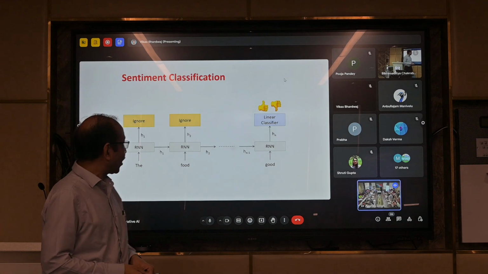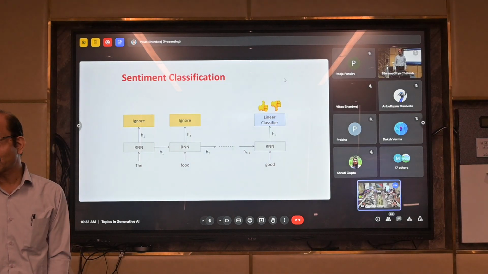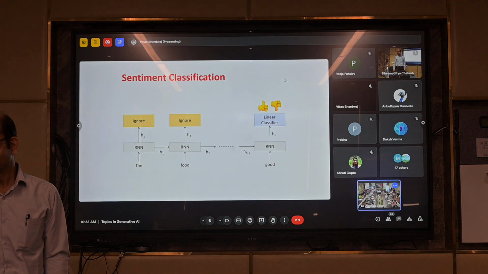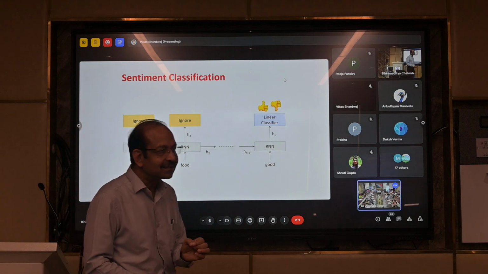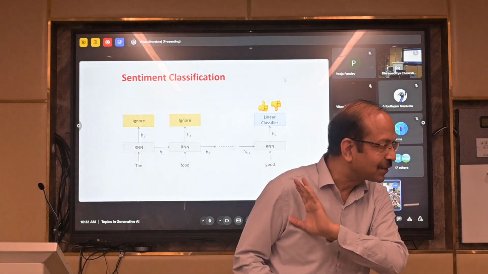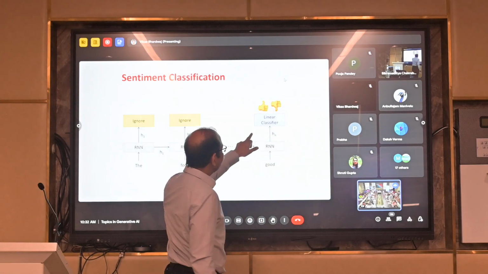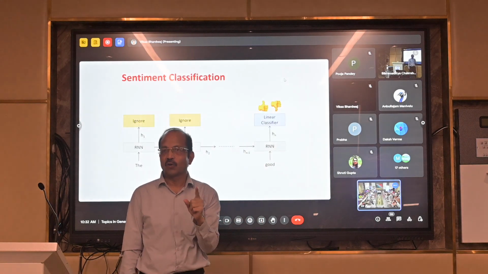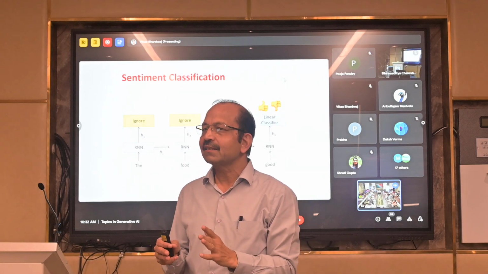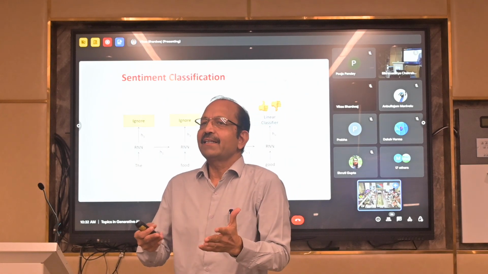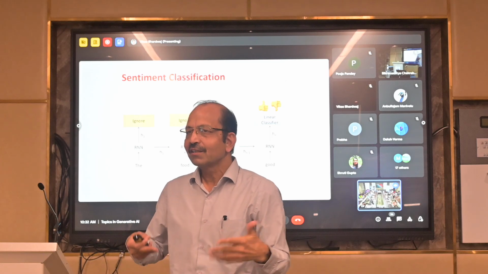So now let's see how I am going to solve the sentiment classification problem. About one particular hotel, somebody has written that the food is this. Okay, and ultimately I have to give only one output. And that output is what? The ranking of that restaurant, 0 or 1.